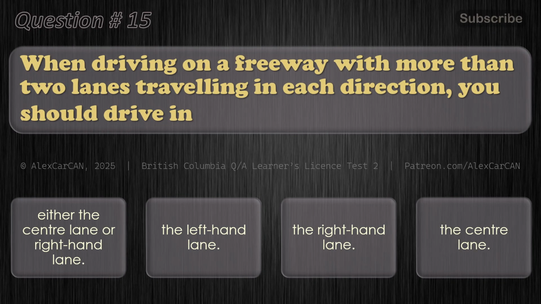When driving on a freeway with more than 2 lanes traveling in each direction, you should drive in either the center lane or right-hand lane, the left-hand lane, the right-hand lane, the center lane. The correct answer is either the center lane or right-hand lane.